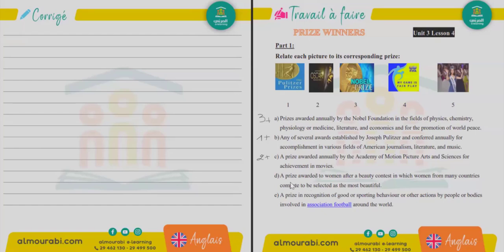Next one, D. Anyone to read D? The prize awarded to a woman after a beauty contest in which women from many countries compete to be selected as the most beautiful.